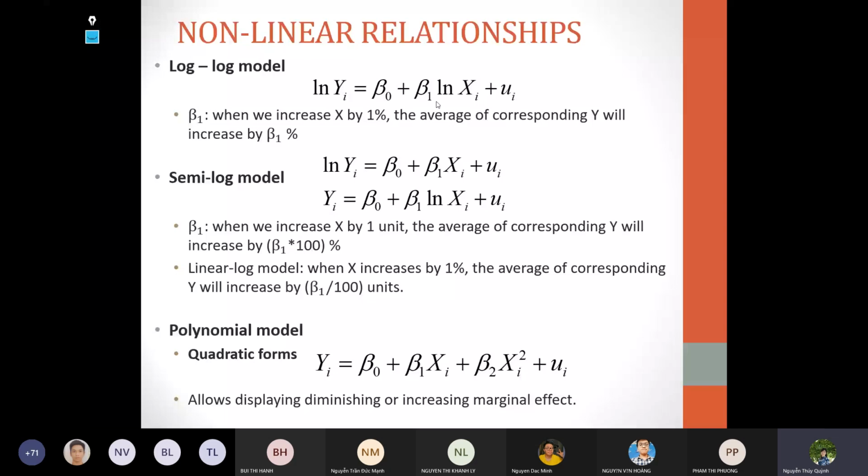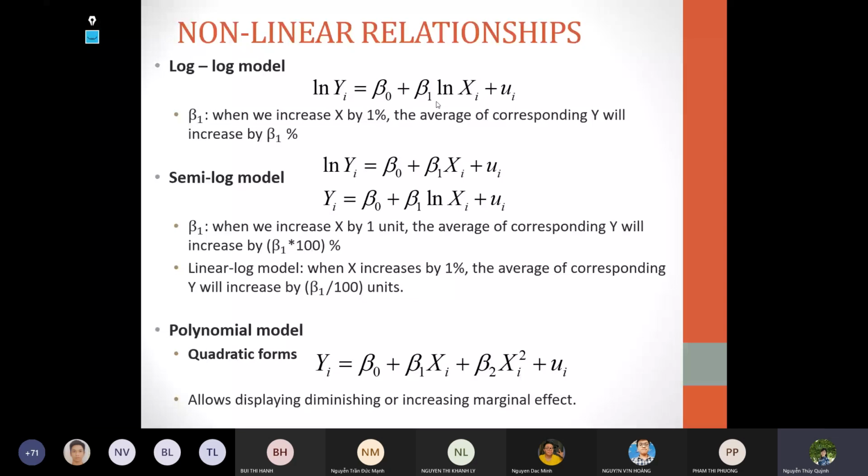The statement that when the natural log of x increases by 1 unit, the natural log of y increases by beta 1 unit is equivalent to when x increases by 1%, then y will also increase by beta 1% on average. You just make some mathematical transformation and you get the equivalent statement.